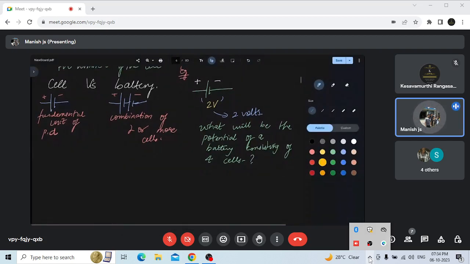If 4 such cells are there, what would be its potential? What is the answer? 8 volts. Yes, it is going to be 8, right? 4 twos are 8. When 4 cells are there, the diagram will look like this: 1, 2, 3, and 4 cells. Here it is 4 times the 2 volts of one cell, so you get 4 times 2, which is 8. So the answer is 8 volts. Is it clear?